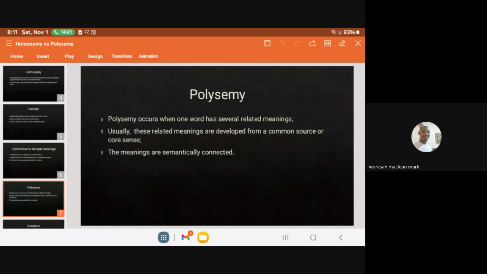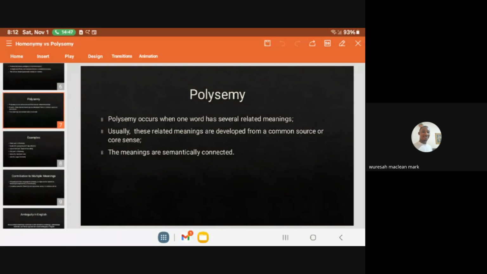These related meanings are usually developed from a common source or core sense, and I would add that they are semantically connected. Let's use examples to explain this.